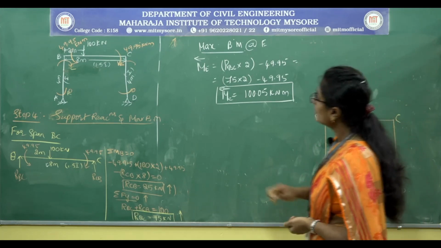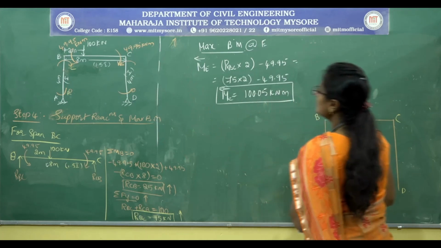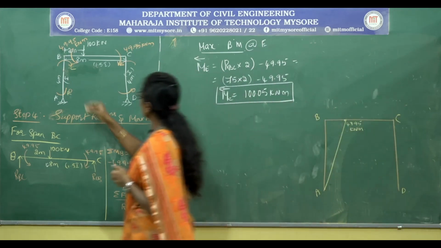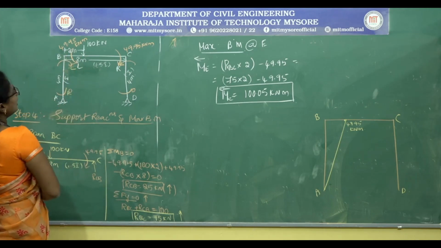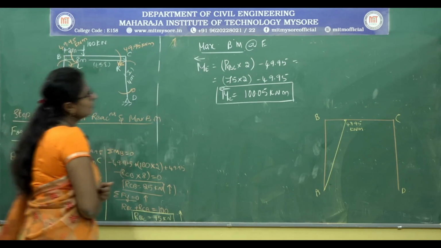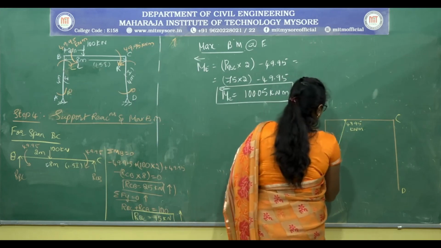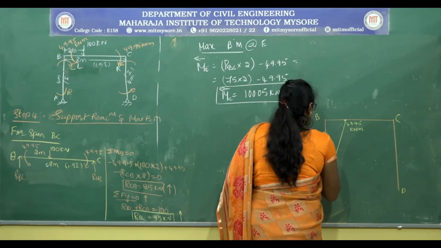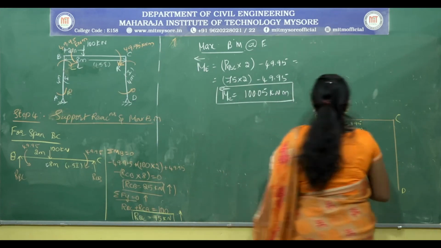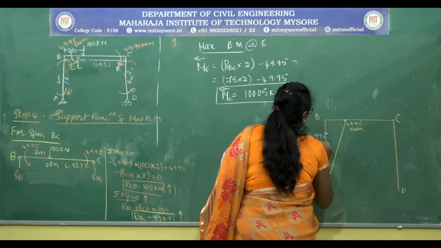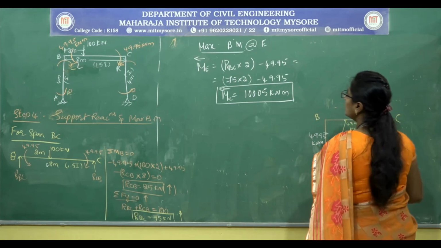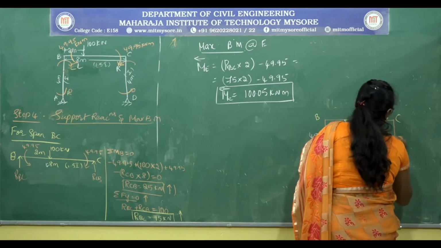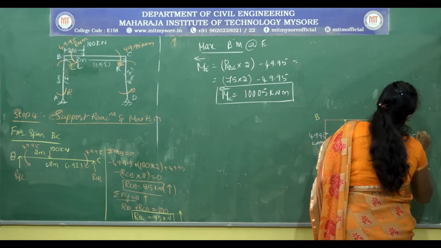For BC, the moment acting is in the anticlockwise direction on the left side. Left side anticlockwise is negative, so I take it here as 49.95 kilonewton meter. Then at C, 49.95 again, right side clockwise is negative, so this is also taken here.